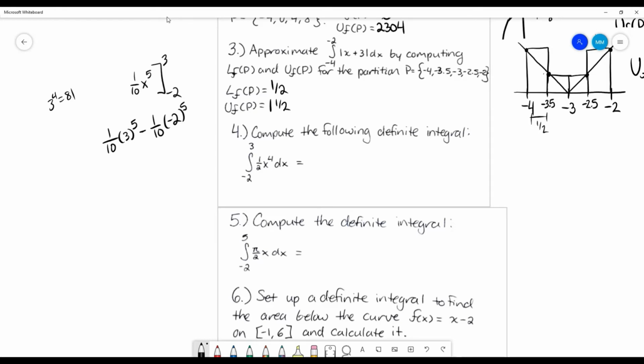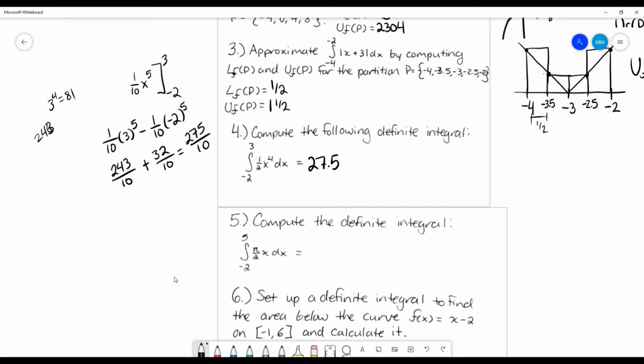That times 3, 243. Okay, so it's going to be 243 over 10 minus, and actually it's going to be plus because this is going to stay negative, so those negatives cancel out. That's going to be 32 over 10, which is then 275 tenths, or just 27.5.